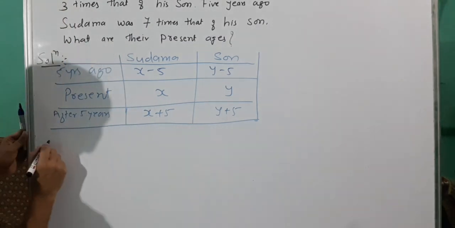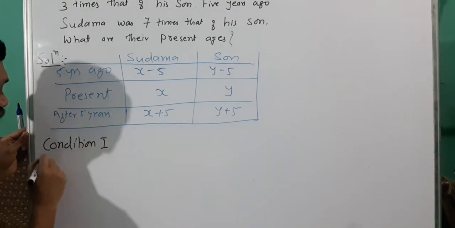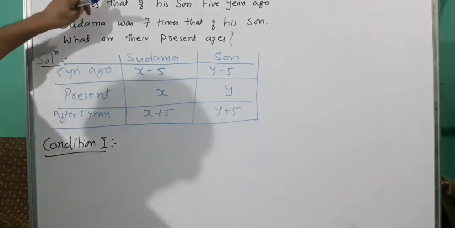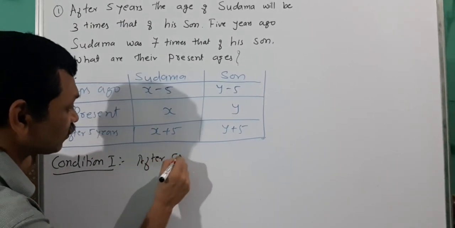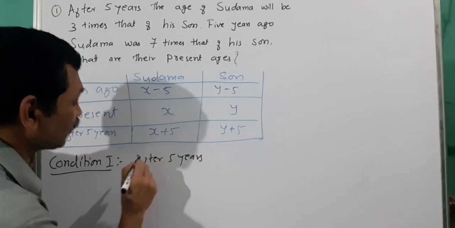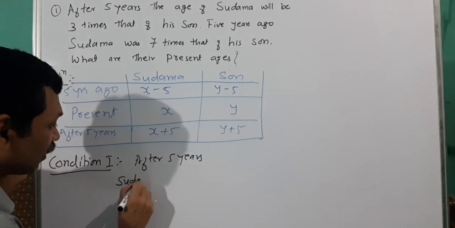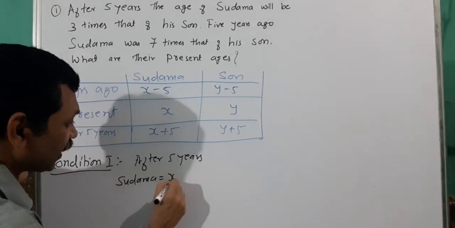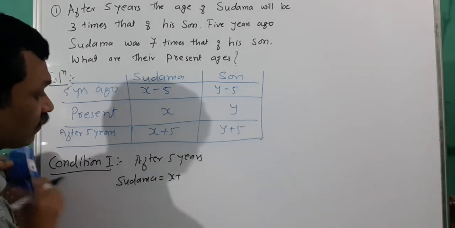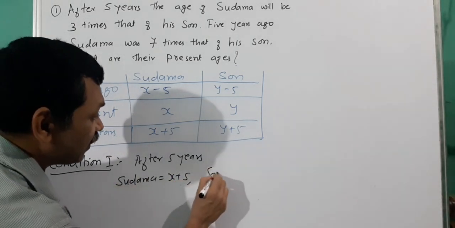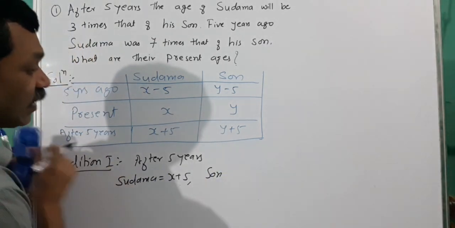What is condition 1? Condition 1 is after 5 years. After 5 years, Sudama's age will be x plus 5 years, and son's age will be y plus 5 years.